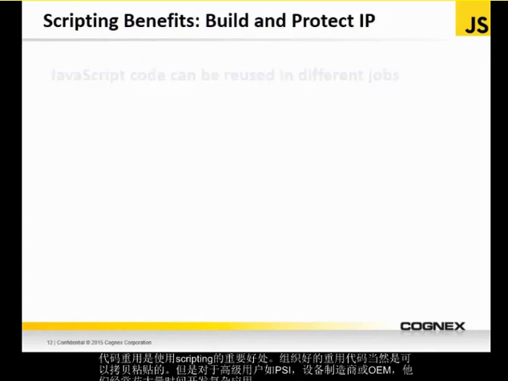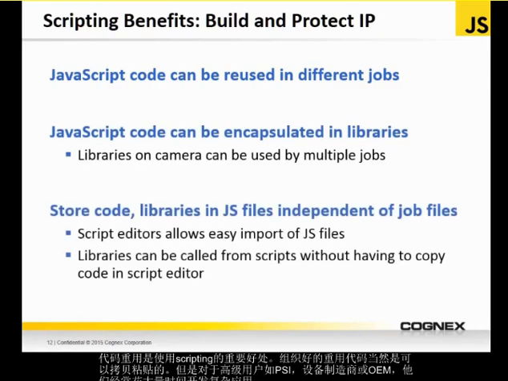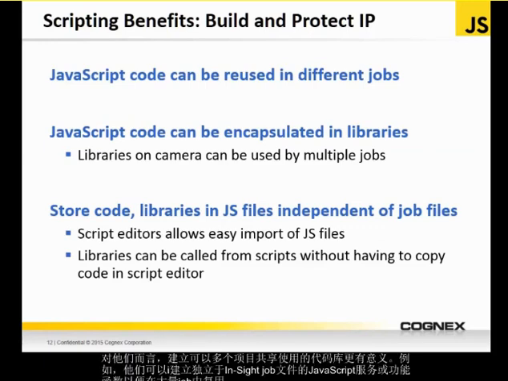So code reuse is an important benefit of using scripting. Now, when I say code reuse, it's, of course, copy and paste JavaScript across jobs. One can do that, of course. But for our advanced users, PSIs, machine builders, OEMs, they often spend a tremendous amount of time building complex applications. For them, it is actually beneficial to create libraries that they can use across projects.